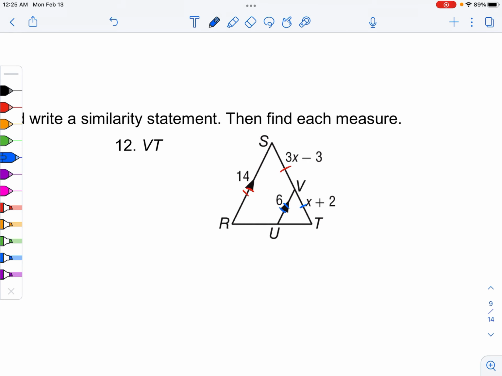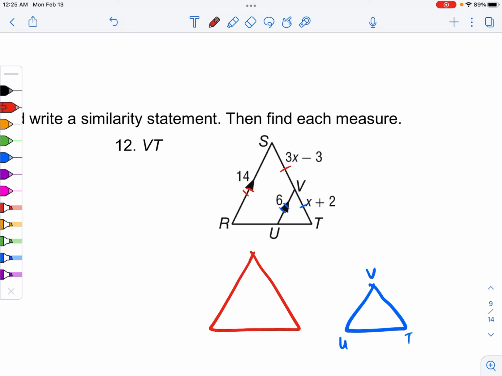If you rotate this around, we have to consider proportionality properly. So if I looked at this, I'm going to rotate, and if I drew this, a red triangle, blue triangle, and let's call this VUT, RST.